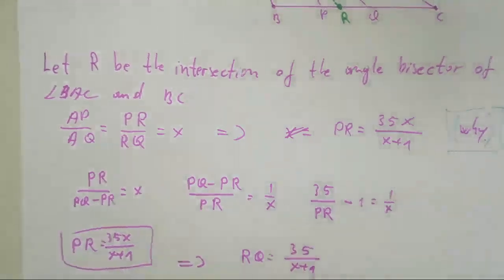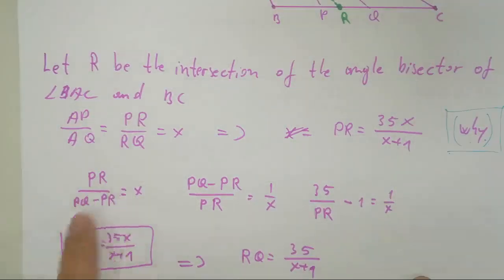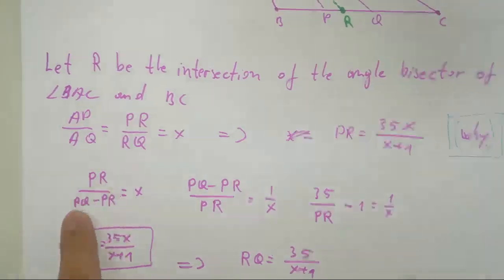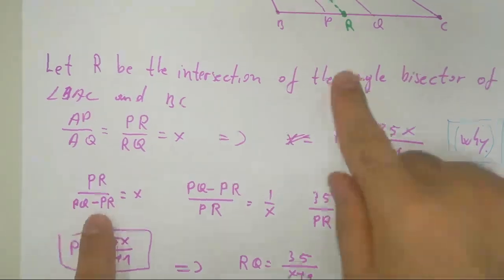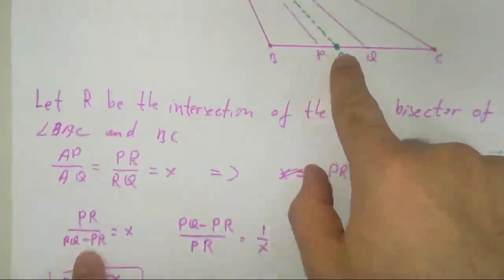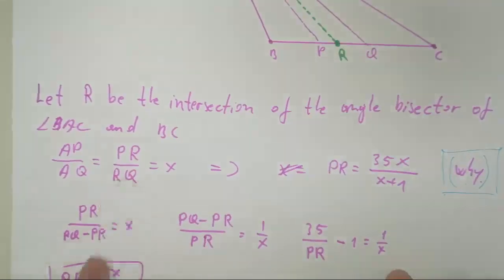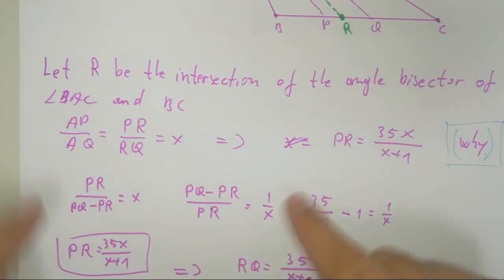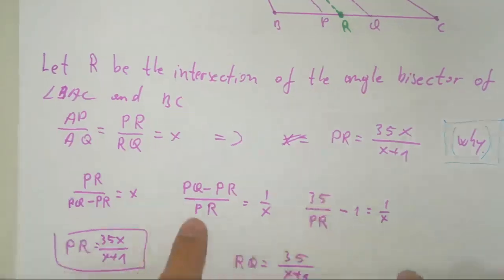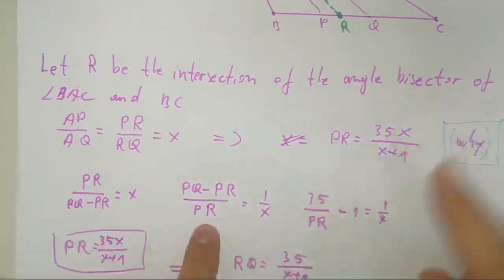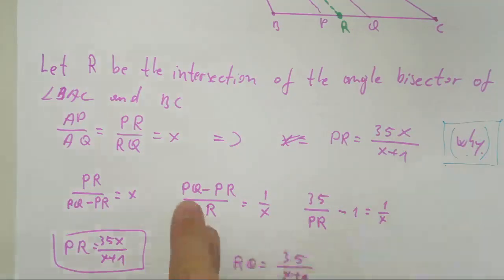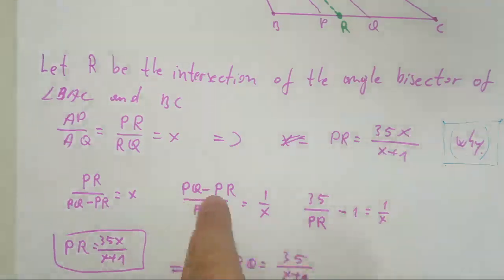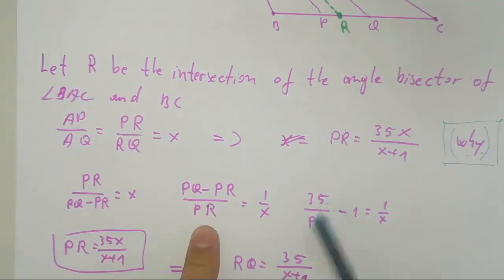All right, let's continue. Where we left, PR over, this is PQ minus PR, because PQ minus PR is RQ, which is the equation here. This should be x. I just took the inverse here, so PR is given, it's 35 from the problem. This one is 35, PQ minus PR is 35.